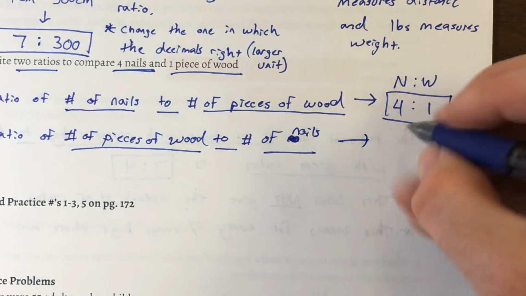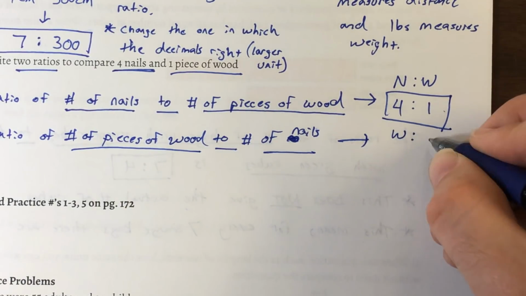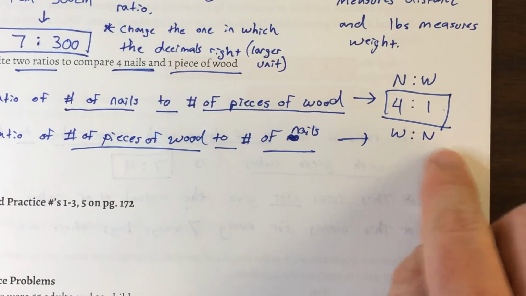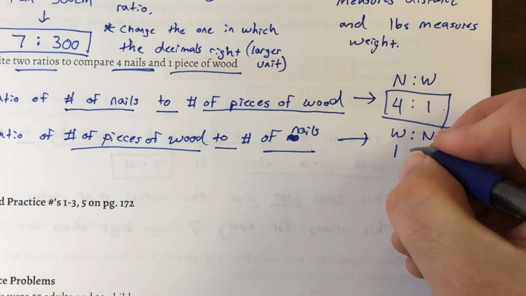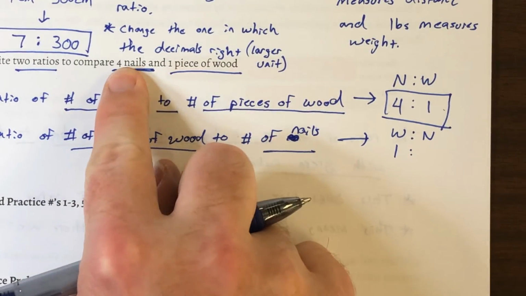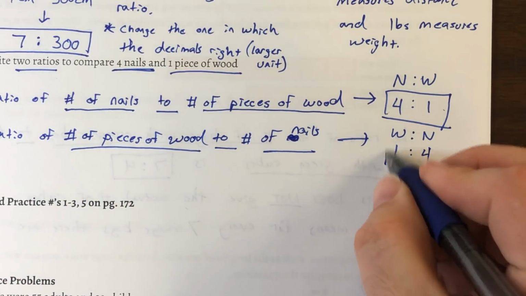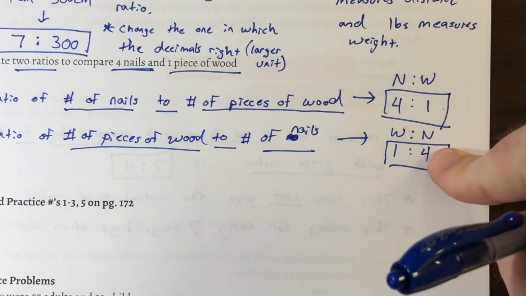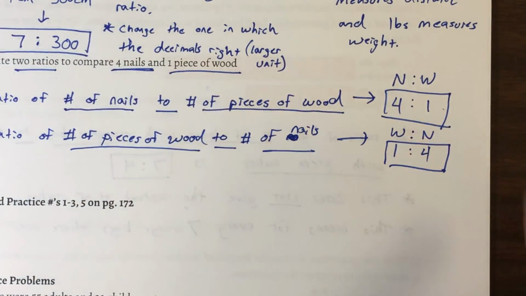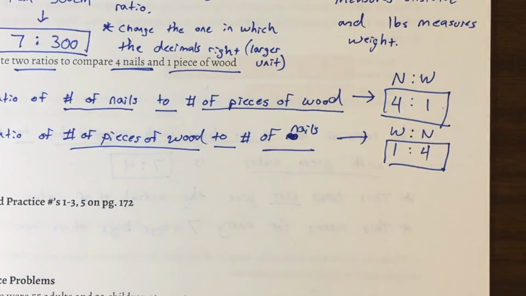Wood to nails. So W to N. Wood to nails. All right, wood, 1. Nails, 4. So our ratio is 1 to 4. So here are 2 ratios that we can use to compare 4 nails and 1 piece of wood. 4 to 1 and 1 to 4.